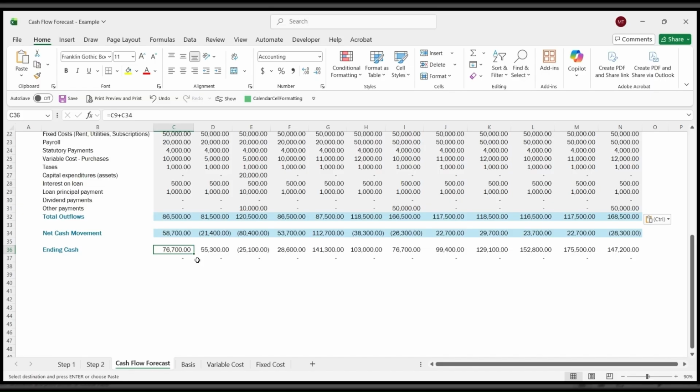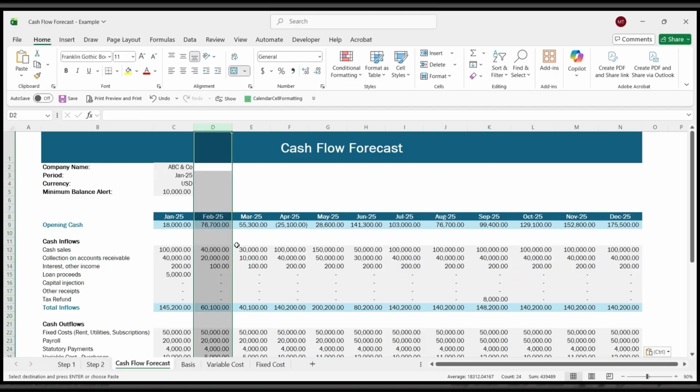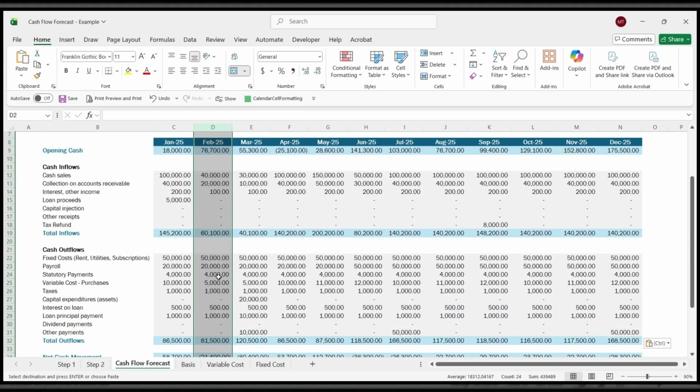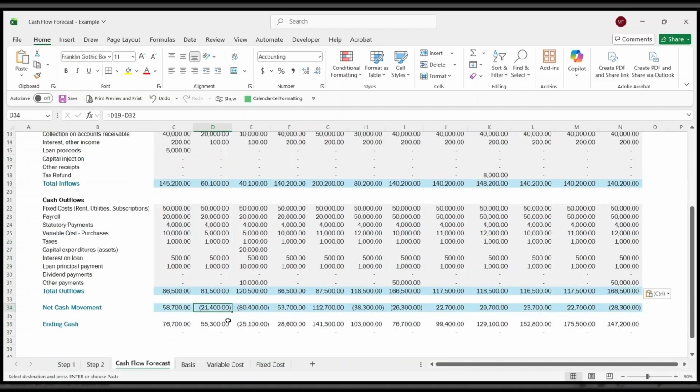Let's say in February 2025, the cash sales and collection from customers dropped. But there's only a slight drop in the outflows as you still need to pay for the fixed costs. The net cash movement is a negative $21,000, which means the total outflows are greater than the total inflows.